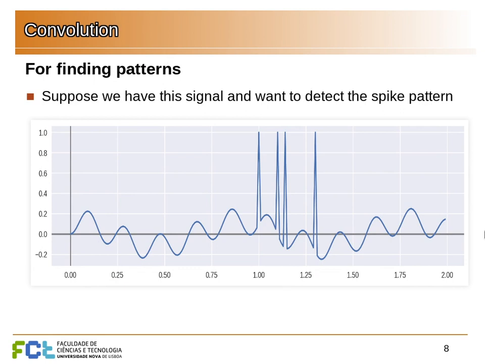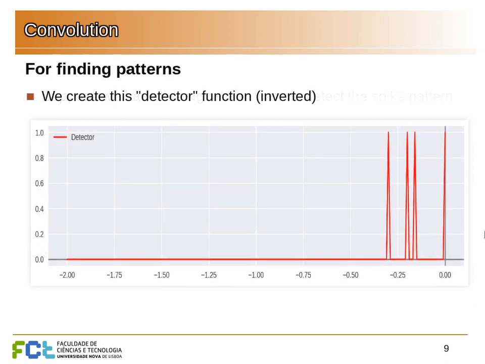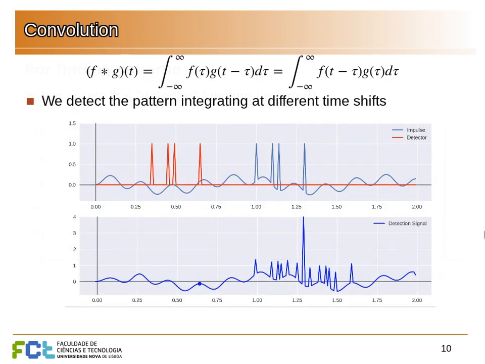We can also do it the other way around, and this is a better idea for convolutional networks, where we want to detect some pattern. So suppose that we are receiving this signal and we want to detect when this pattern of spikes occurs. We can create a detector function, which is inverted or not. It doesn't matter much in practice, but let's consider the same kind of equation, and we are inverting the detector function.